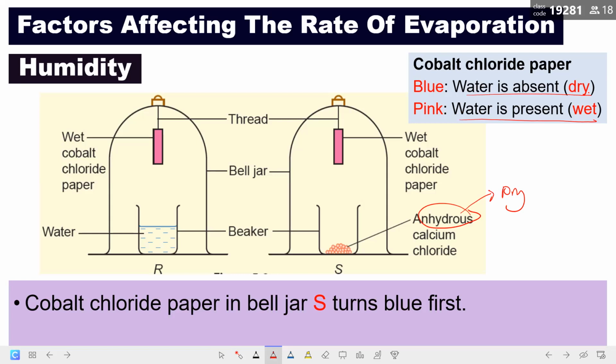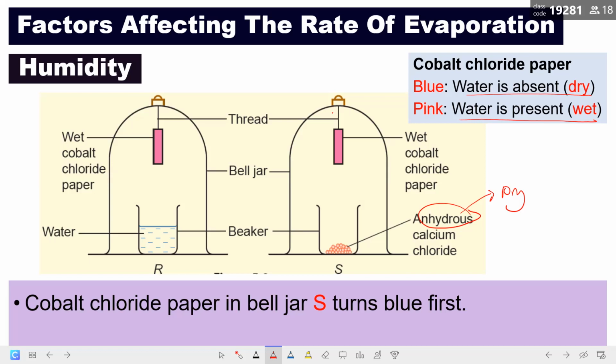So now you look at bell jar R and bell jar S. Which one do you think will turn blue first? R. S. S. Because the calcium chloride can absorb moisture.